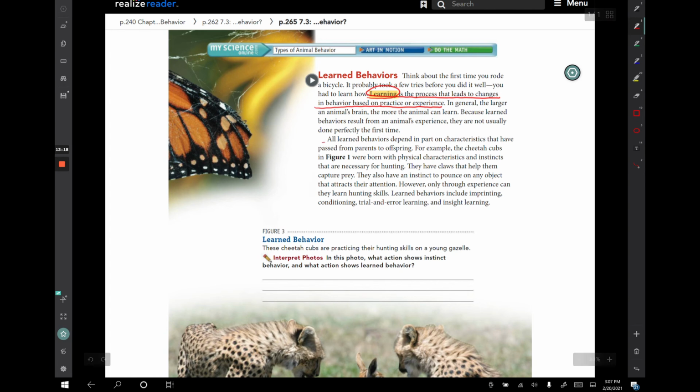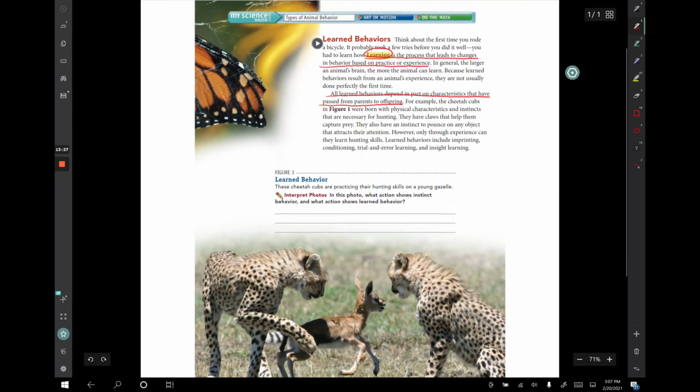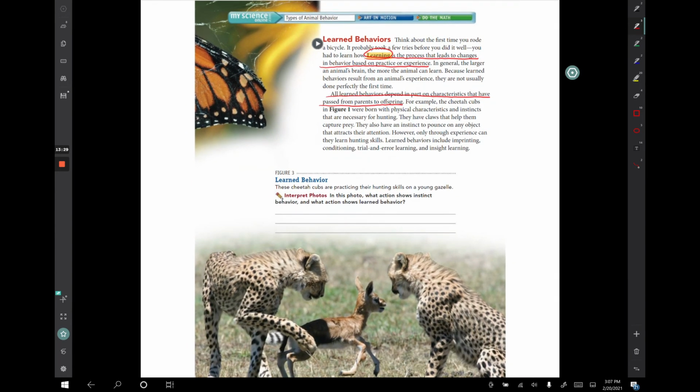All learned behaviors do depend in part on characteristics that have been passed on from the parents to the offspring. So the cheetahs that we see here at the bottom, they were born with the characteristics and the instincts that were necessary for hunting. They have claws that can help them catch a prey. They have the instinct to pounce on an object that attracts their attention.